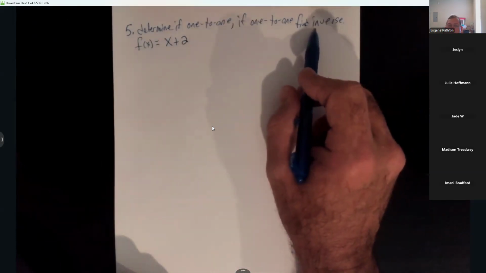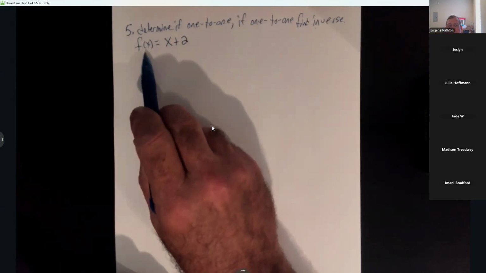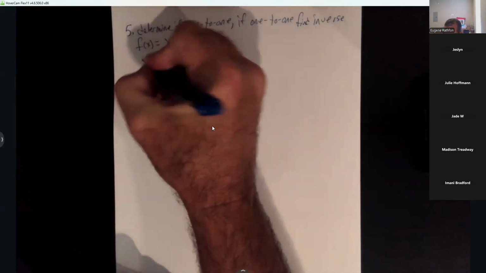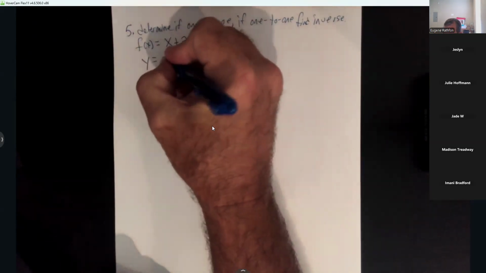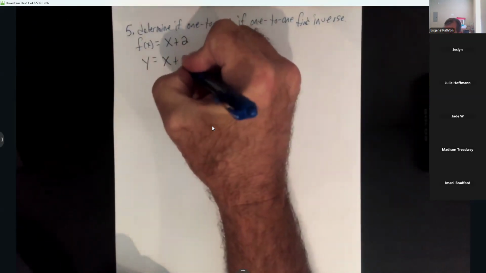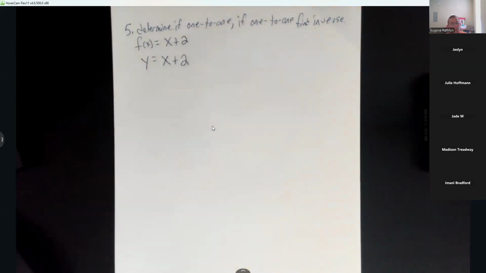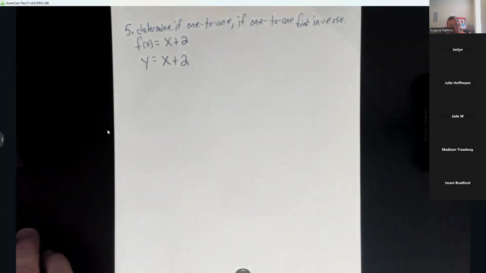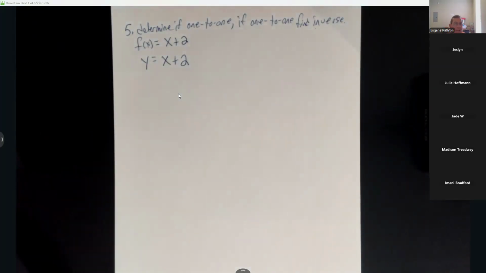Now, since I'm finding the inverse, this is where I made the f of x into a y. And y'all, let me ask y'all this. To find the inverse, what was my next step on that problem? Because I made the f of x into a y, and then this next step was the main one in finding the inverses.